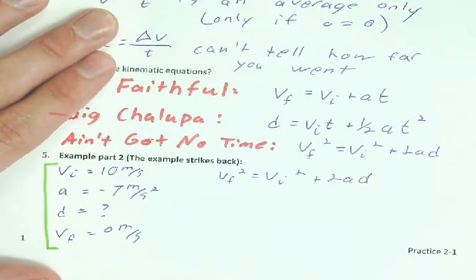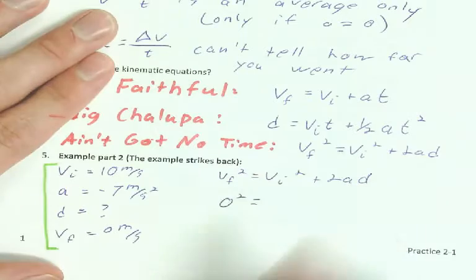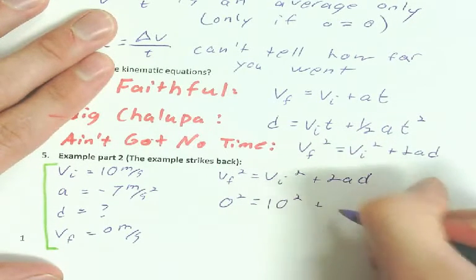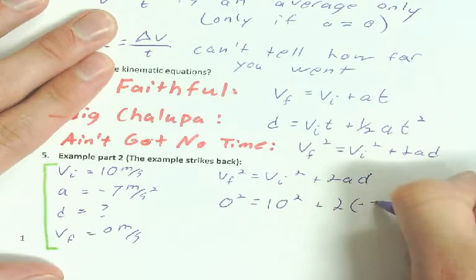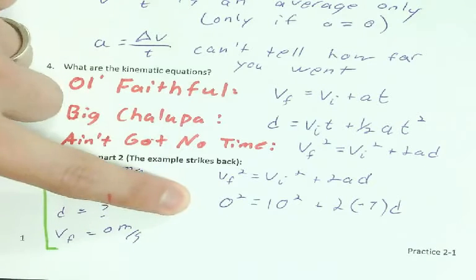So let's go ahead and put the numbers in and see what we get. So 0 squared equals 10 squared plus 2 times A times D. And again, remember, you need to be plugging the things in.